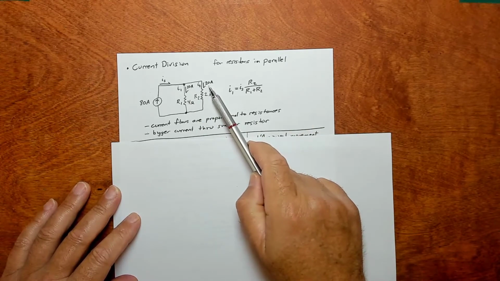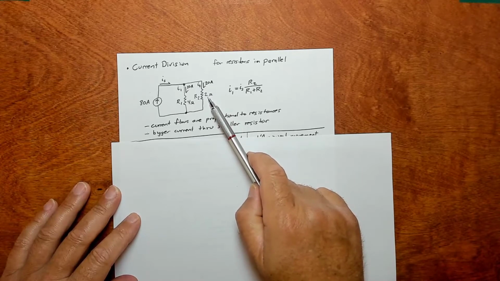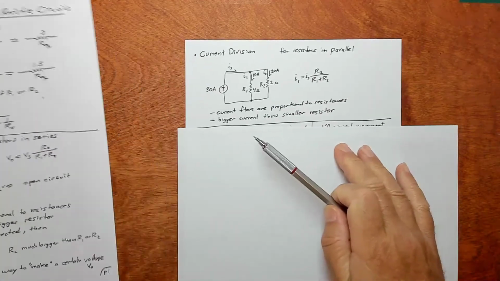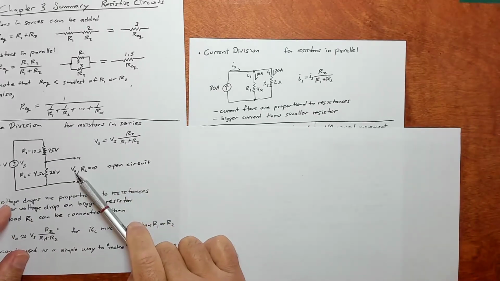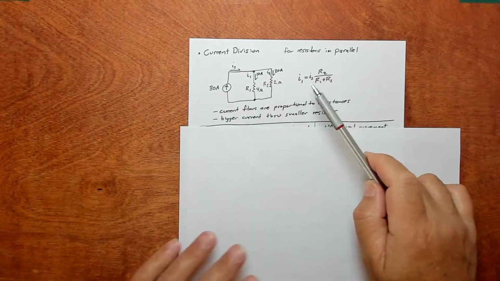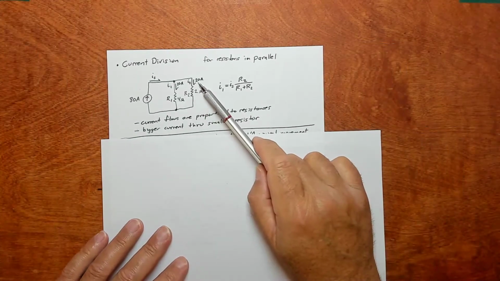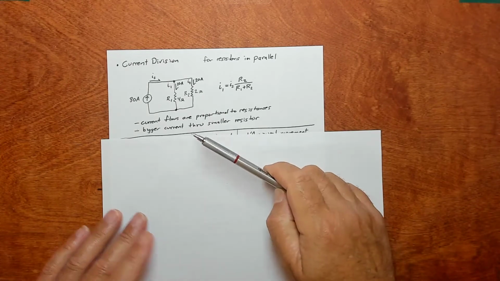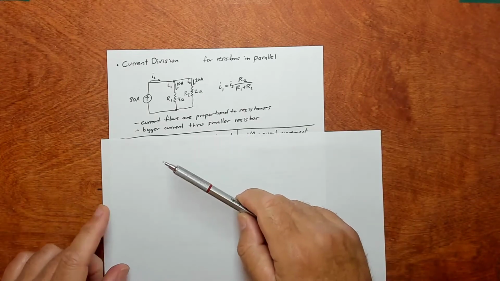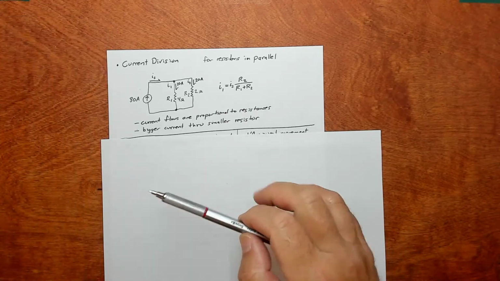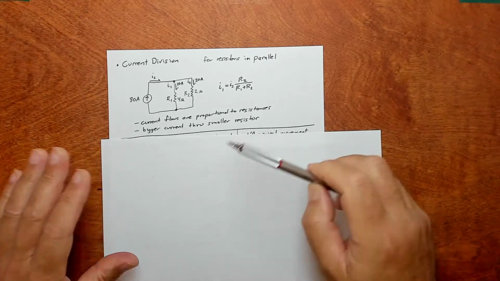It's just that the 20 amps goes through the smaller resistor now. Okay? So like in voltage division, the higher voltage is in the larger resistor, but for current division, the higher current is in the smaller resistor. So we're going to see these kinds of analogies, series versus parallel, and current doing this and voltage doing that. We'll see that a lot.